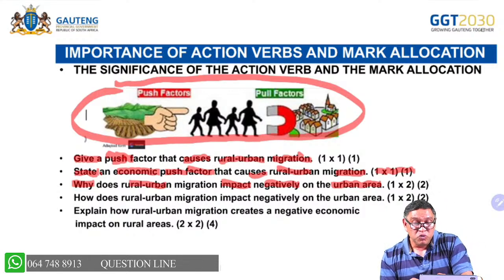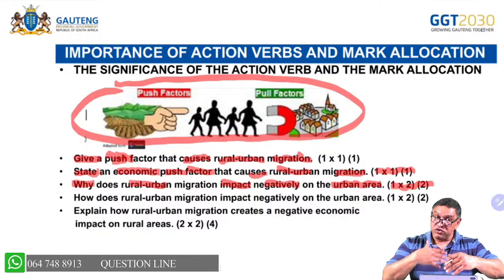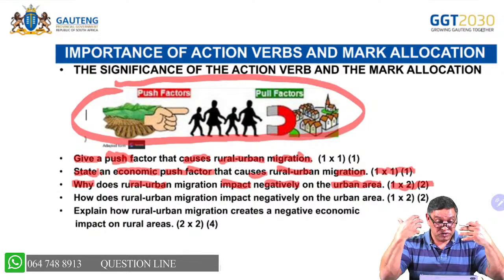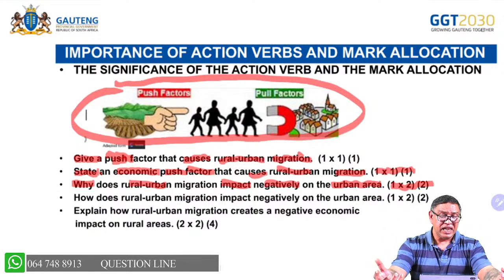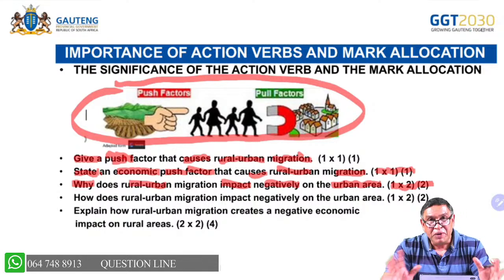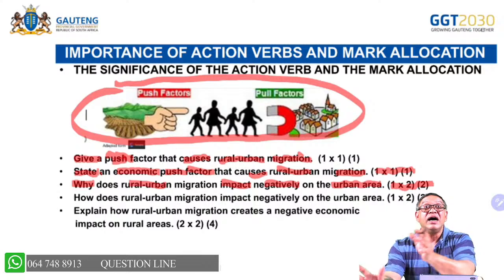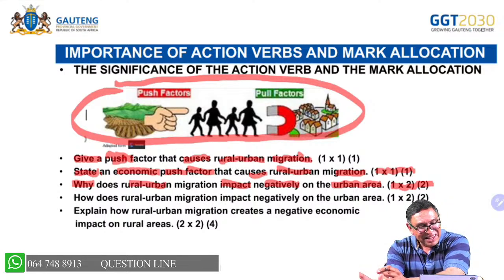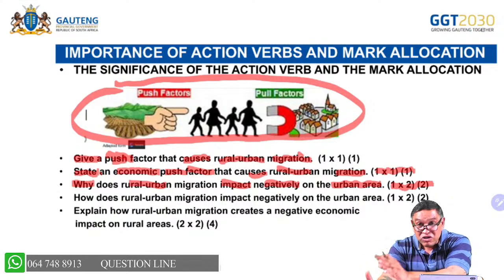It may involve 2 marks. You don't have to fully qualify it. You have to indicate the why. And in a case like this, rural-urban migration brings a lot of people to the urban area. You understand? It brings a lot of people.